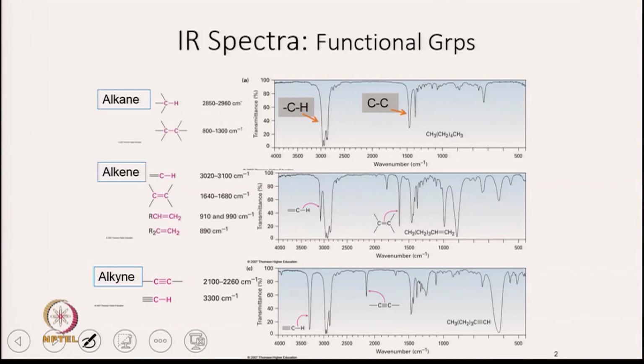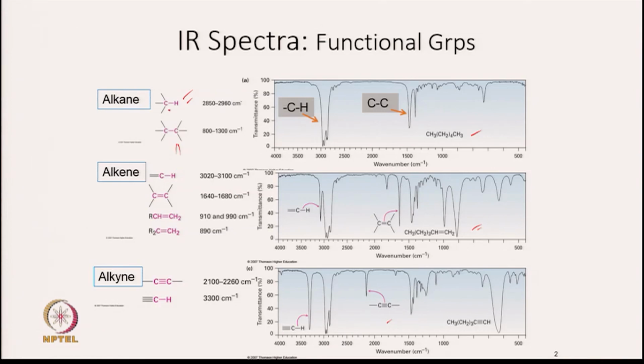Here we have IR spectra of an alkane, alkene and alkyne: hexane, 1-hexene and 1-hexyne. In the case of the alkane, we can look at two different frequencies, one corresponding to the CH bond, another corresponding to the CC bond.